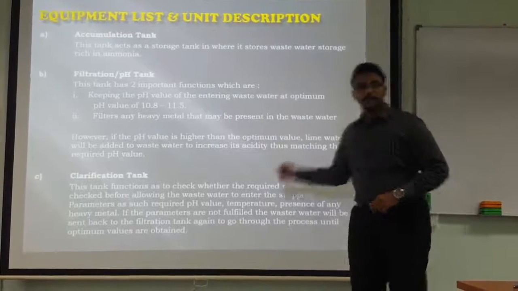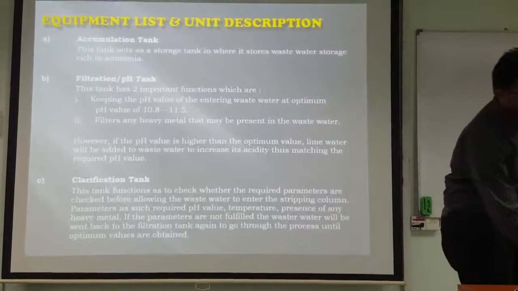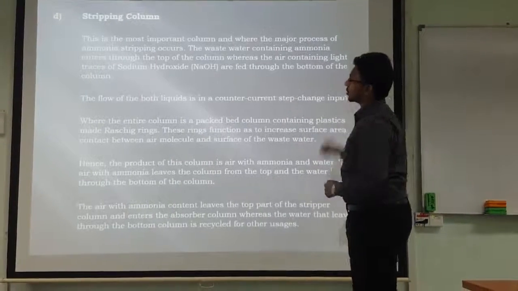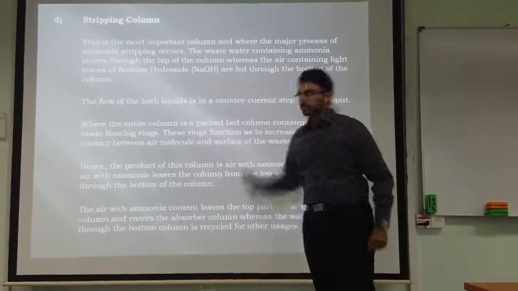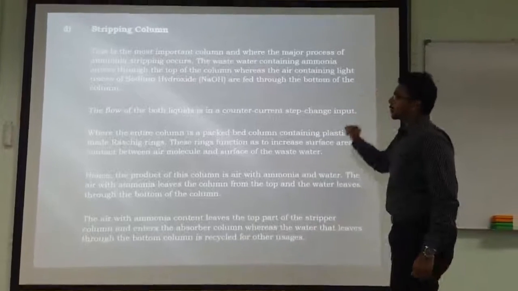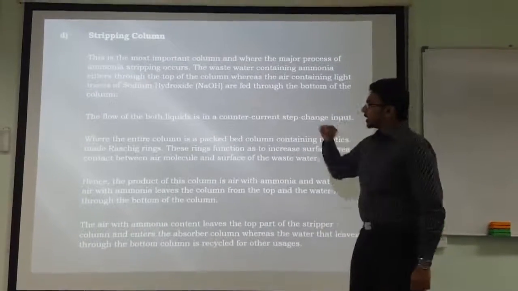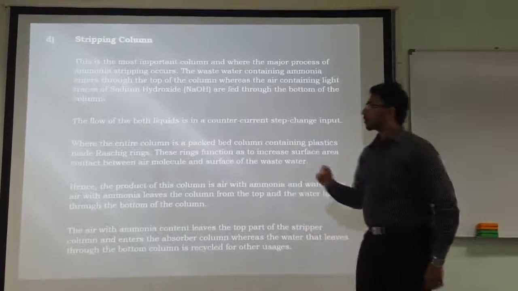Then we move on to the next one, which is the stripping column. The stripping column is the most important column, where the major process of ammonia stripping occurs. The wastewater containing ammonia enters the top of the column, whereas the air containing light traces of sodium hydroxide enters the bottom of the column.